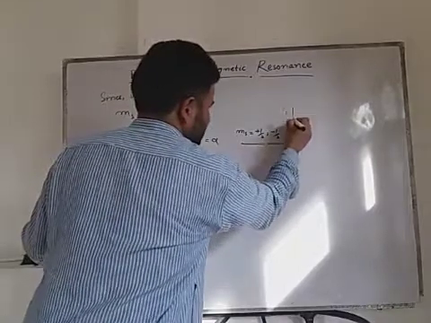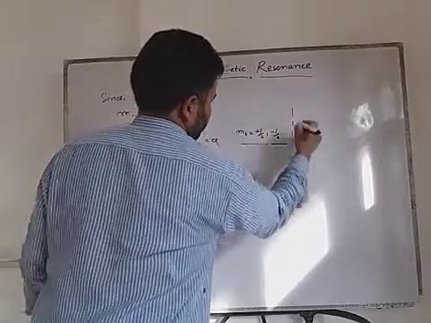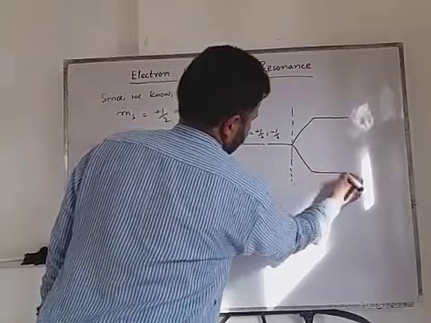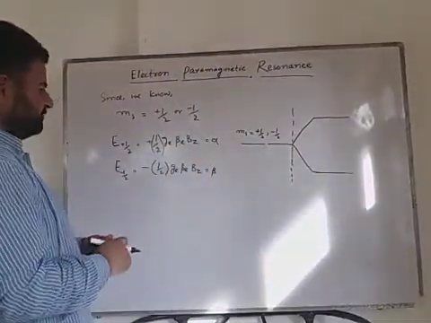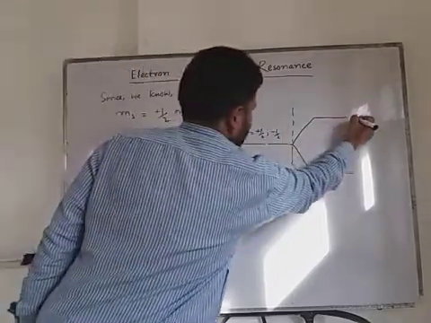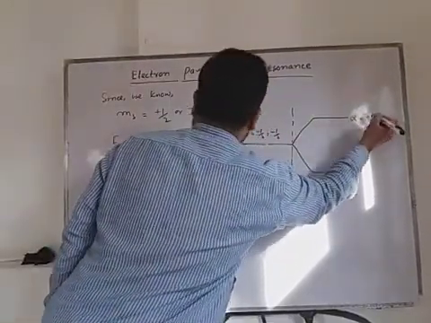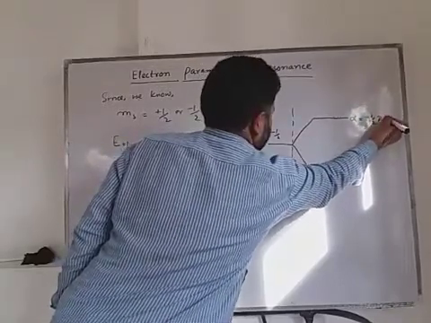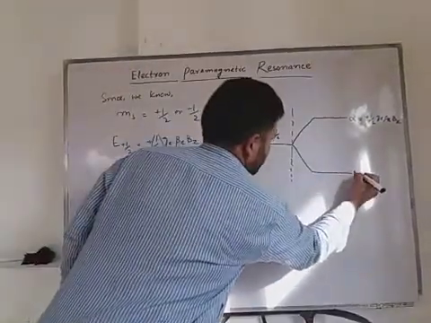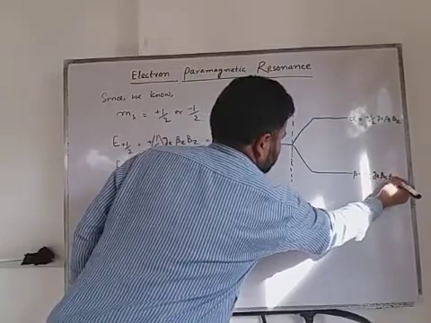But once the external magnetic field was applied, there will be splitting in the two energy levels, as I already told in the previous lectures. So the higher state will be this alpha state, equal to plus 1 by 2 GE beta E Bz, and the beta state will be equal to minus 1 by 2 GE beta E Bz.